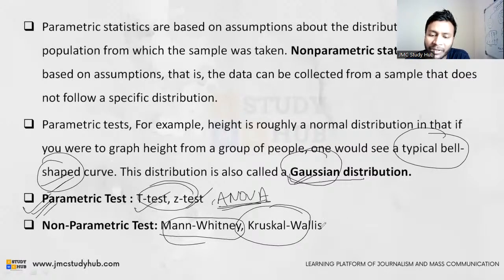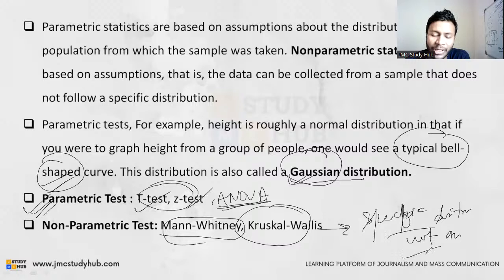Okay, so non-parametric test means specific distributions and not based on assumptions. These two characteristics of the non-parametric test apply here, that is specific distributions and not based on the assumptions.